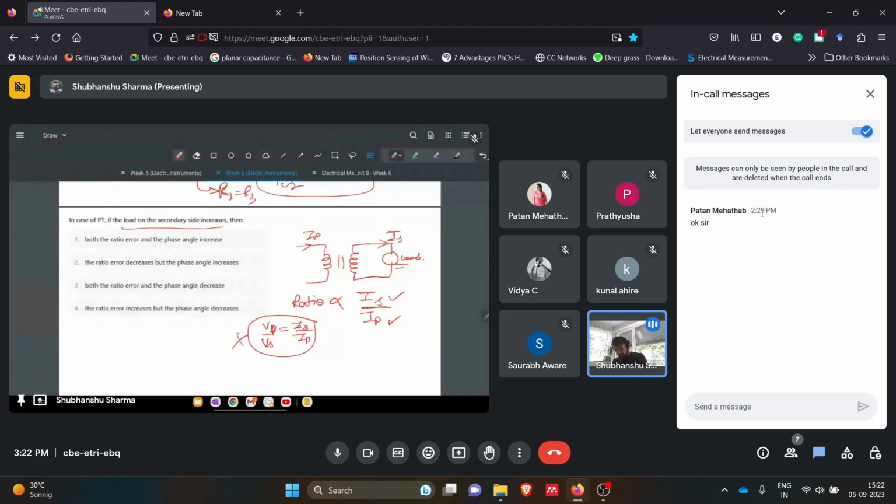So if we increase the load, that itself means we are increasing this Is value. For a potential transformer, Is is very high compared to Ip, because this is a step down voltage transformer, so it acts as a step up current. So Is is very high. If we are increasing the load, that means Is was already very high, so it increased a lot.